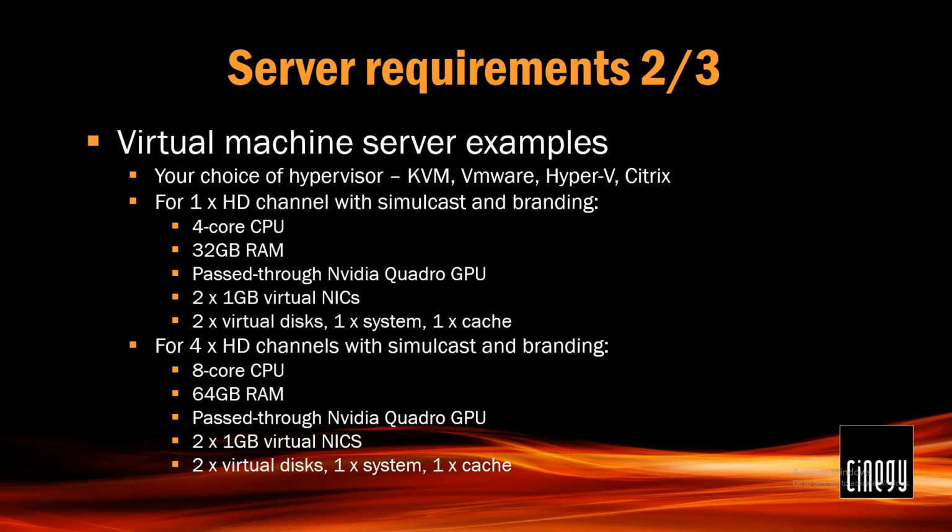We have a successful programs going out here. We have a customer that is running with exactly that: 8-core CPU, 64 gigs of RAM for 4 HD channels with branding. So we know that that works. Again, 2 1 gig NICs, 2 virtual disks, and pass through NVIDIA graphics of whatever type there are.